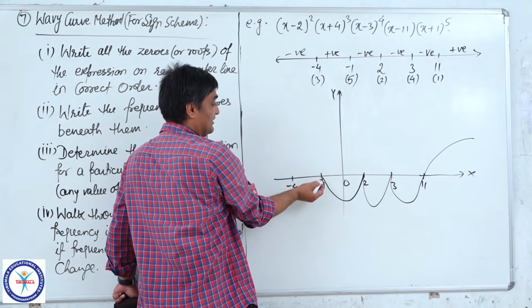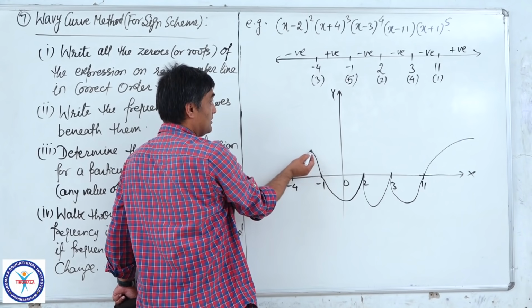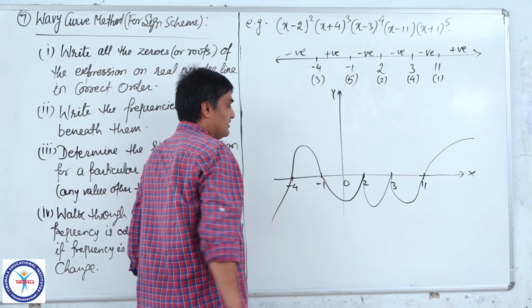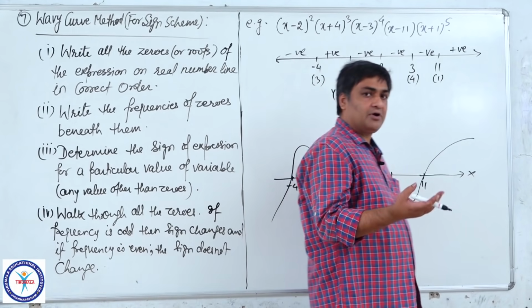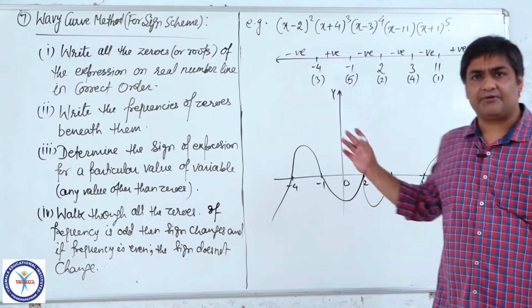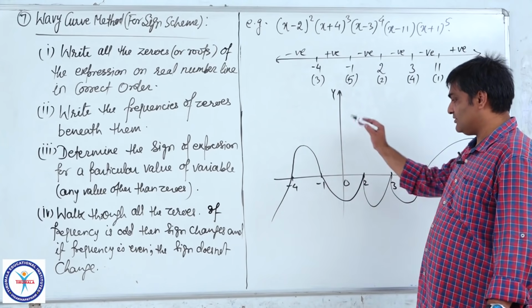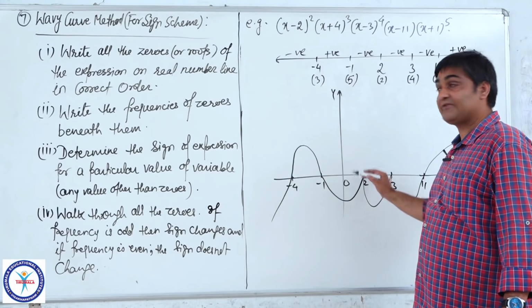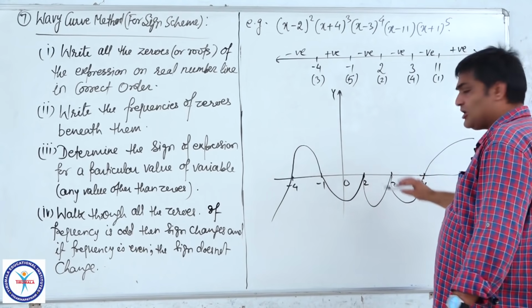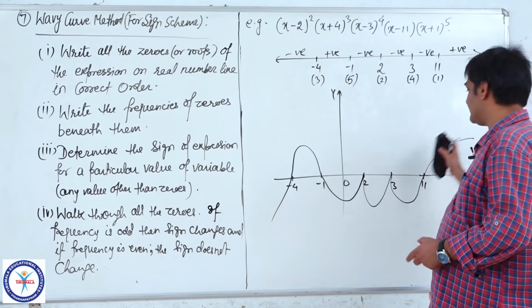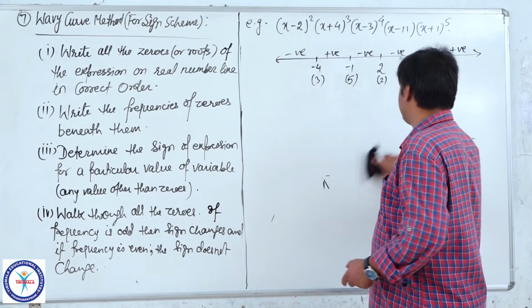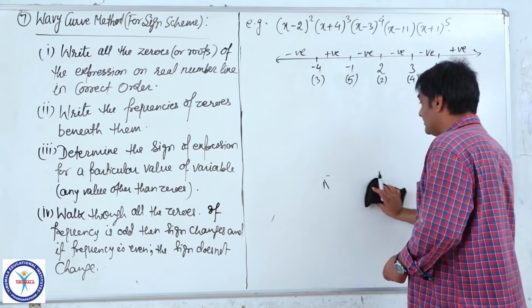If it is positive, then, and after -4, negative. So we can use this method for drawing a rough graph also. Positive graph is above the x-axis, negative graph is below the x-axis. This is why it is also called the wavy curve method.